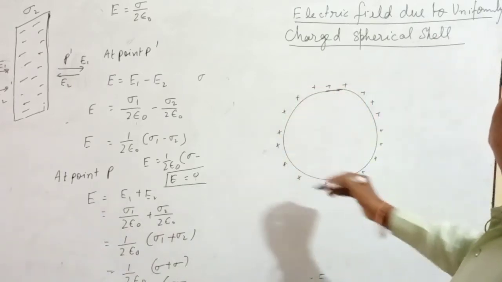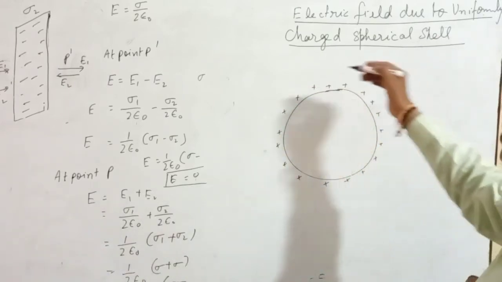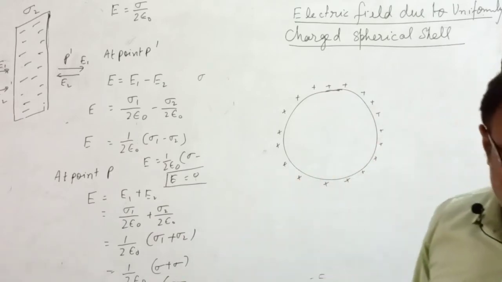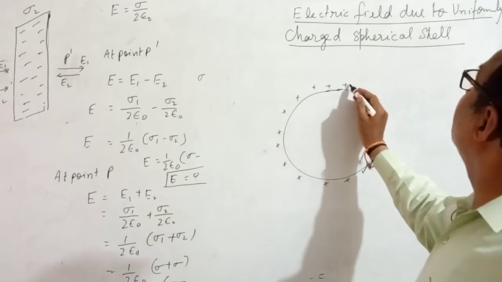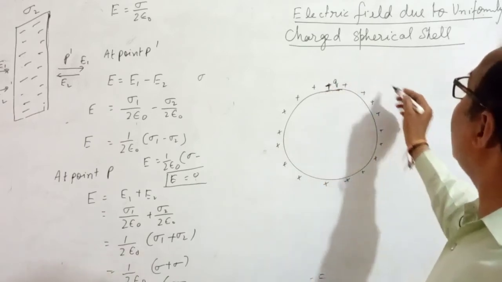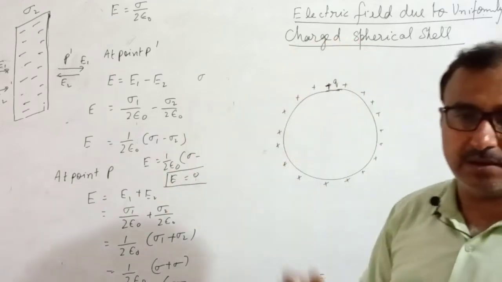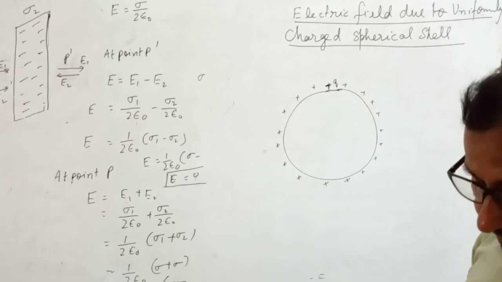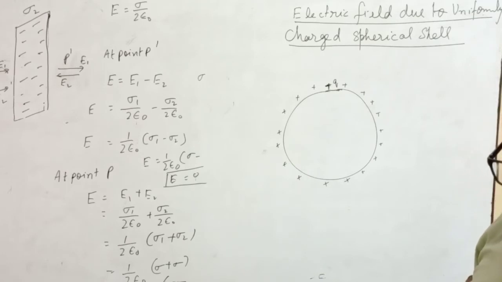Suppose that it has Q charge, positive charge plus Q. This plus Q charge will remain at the surface of this spherical cell.